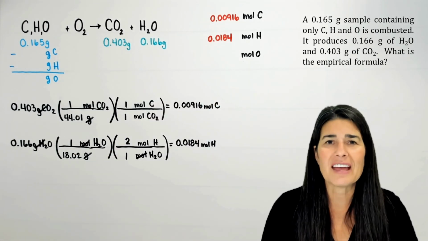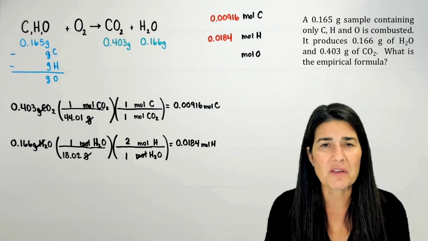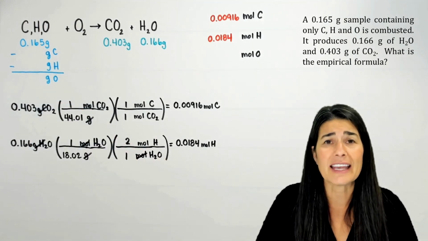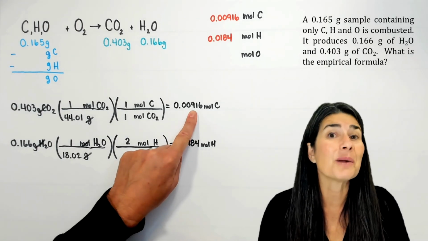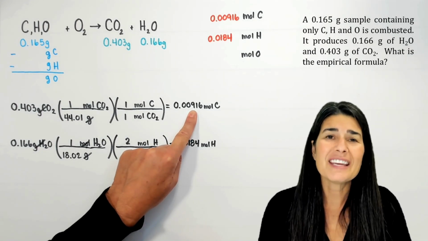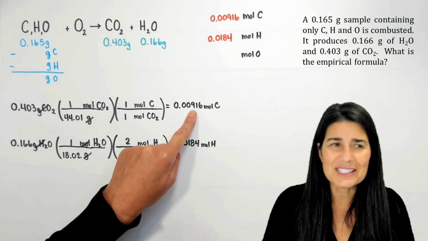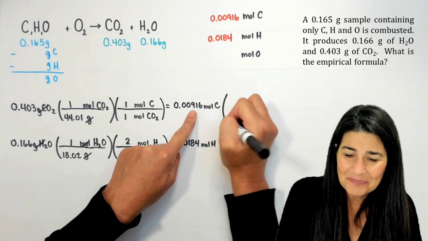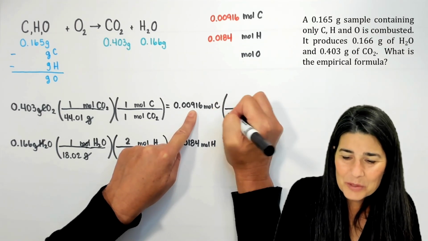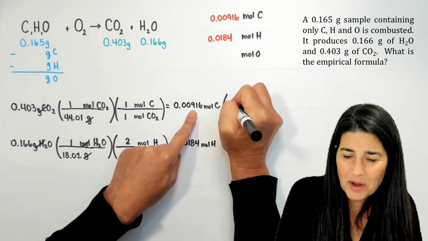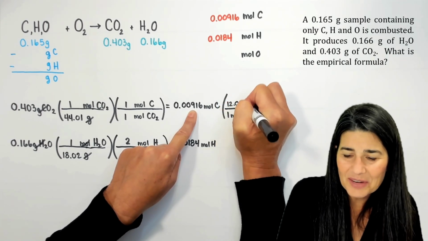So we need to go further in our problem-solving process. We don't have grams of carbon currently, but what we do have are moles of carbon. We can change those moles into grams using the molar mass. So we got to go a step further. Let's get rid of moles of carbon. 1 mole of carbon is 12.01 grams.